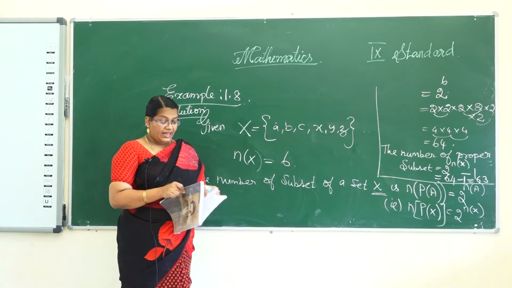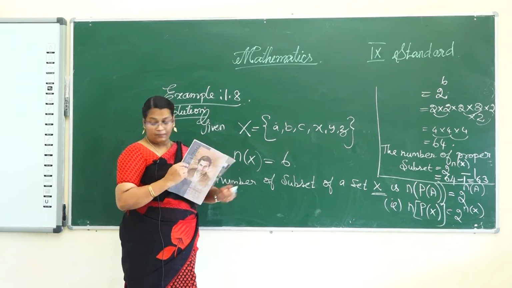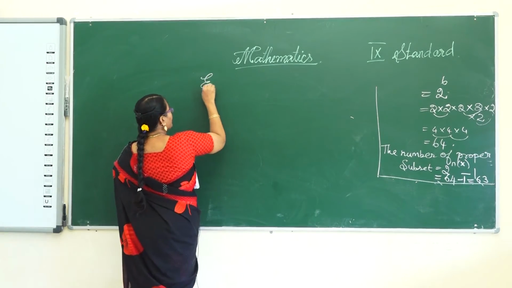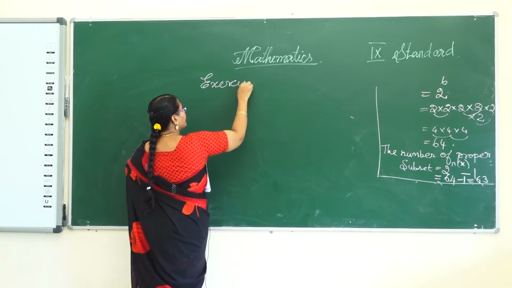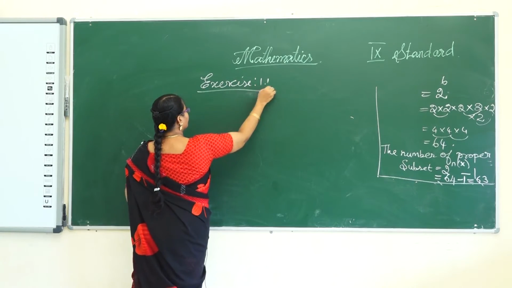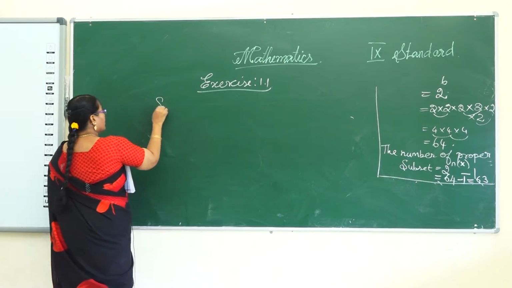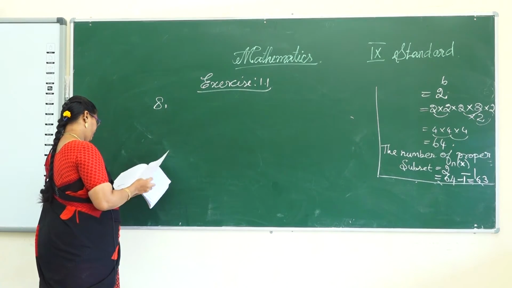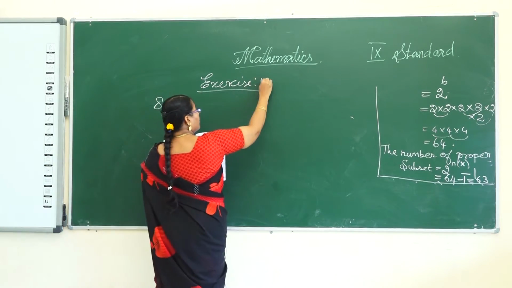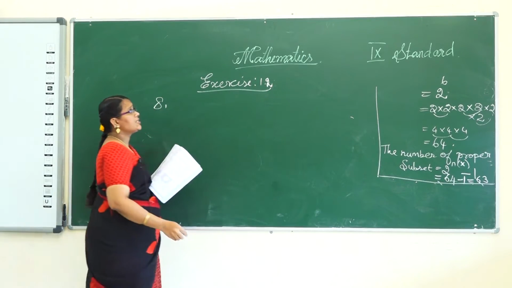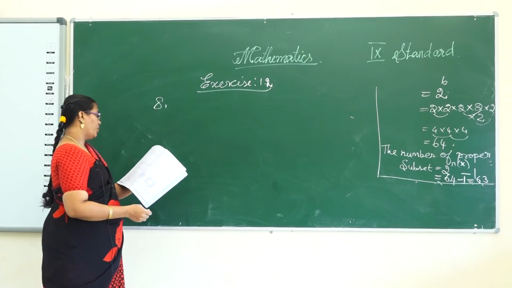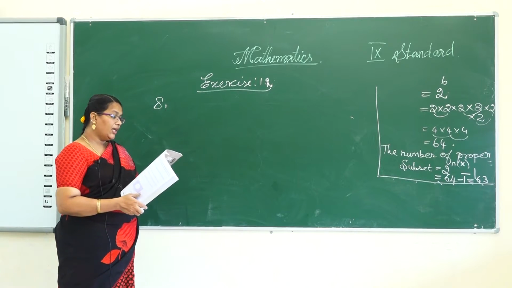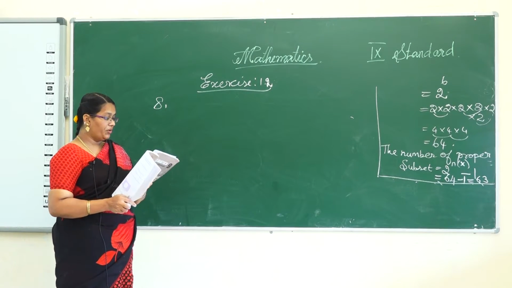Now move to the exercise 8th problem. Sorry, exercise 1.2, 8th problem. Find the number of subsets and the number of proper subsets of the following sets.